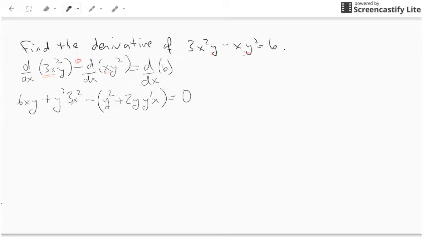Now what I've got to do is get y primed by itself. That is really just a little bit of algebra. So here's my 3y primed x squared, and I just brought the 3 up front because it looks better, minus y squared minus 2xy primed. I'll put the y primed at the end there because it looks a little bit better.